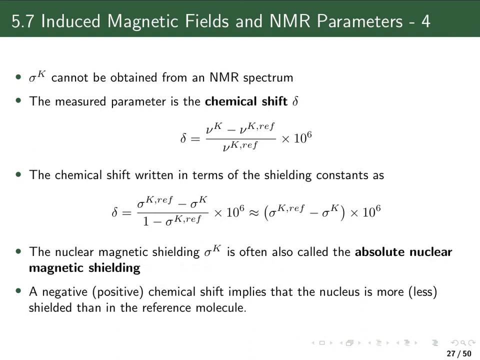A negative chemical shift implies that the nucleus is more shielded in the molecule we're studying than in the reference molecule. And vice versa, a positive chemical shift corresponds to a nucleus that is less shielded in our molecule of interest than in the reference molecule.